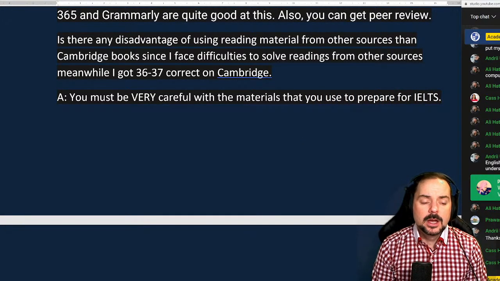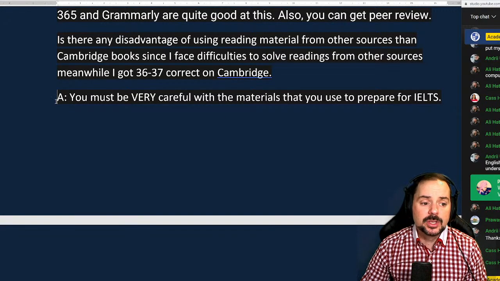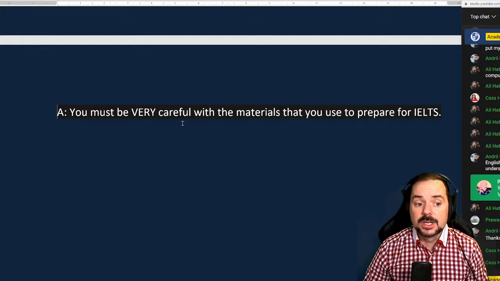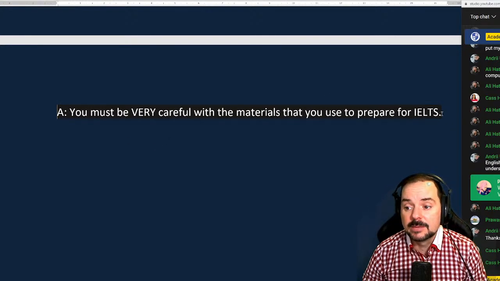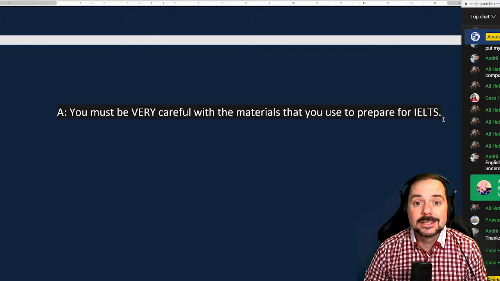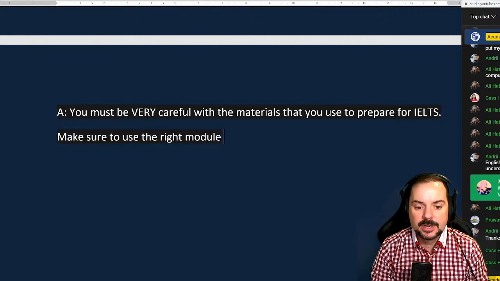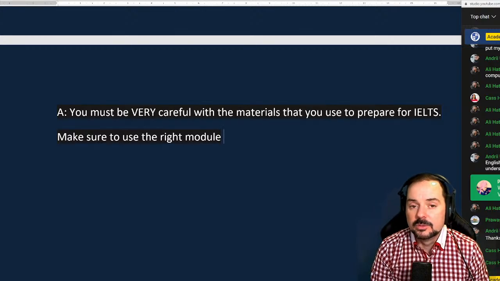Firstly, you have to make sure that you're using the general if you're studying for the general exam, or the academic if you're studying for the academic. Don't mix them, especially the reading, because they're very different, okay? So make sure to use the right module.